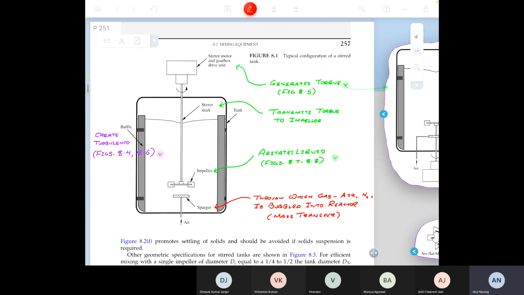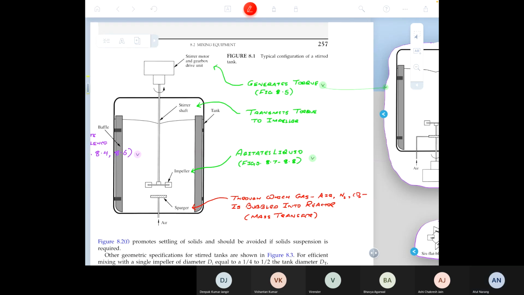What you are seeing here, with the motor and the gearbox drive unit on top and the impeller sitting below it, is known as a top drive unit.